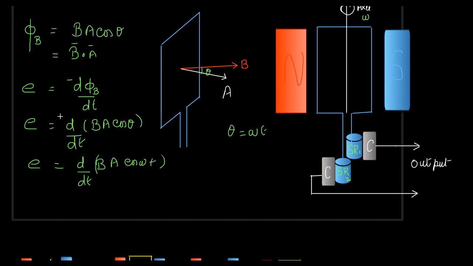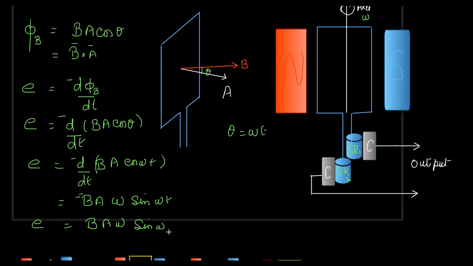And we know it has got a negative sign. So this is equal to B A with a negative sign, differential of cos omega t, which is minus omega sin omega t, or EMF E equal to B A omega sin omega t.